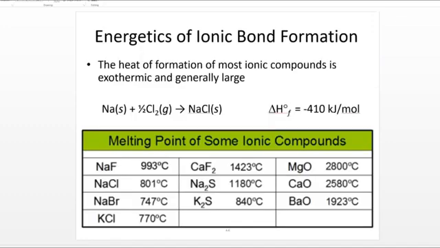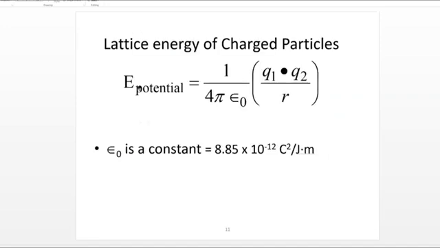Here are some examples of the energetics of ionic bond formation. From this, we can relate the lattice energy to the melting point of an ionic compound, because a higher melting point goes with more charge. If you look at the potential energy equation, the potential energy will increase as you increase Q1 and Q2.